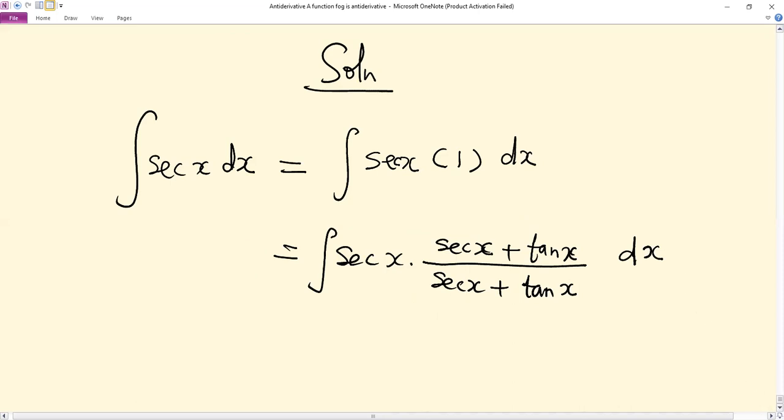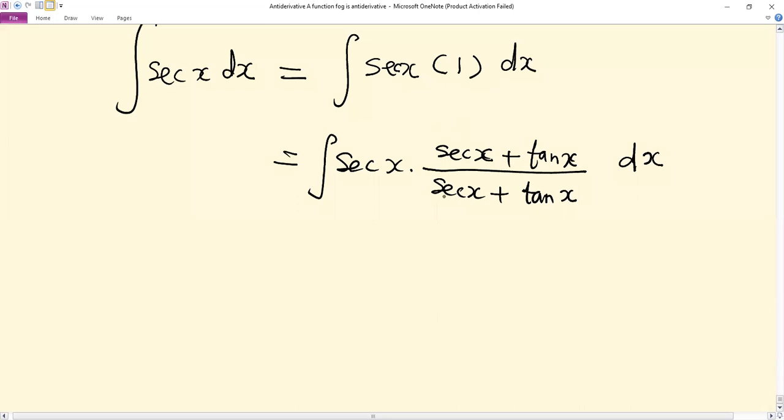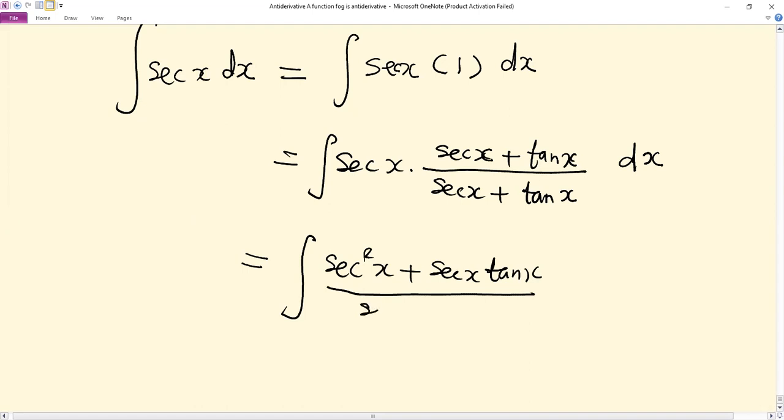Now, by that manipulation, we'll have integral of sec squared x plus sec x tan x divided by sec x plus tan x dx.